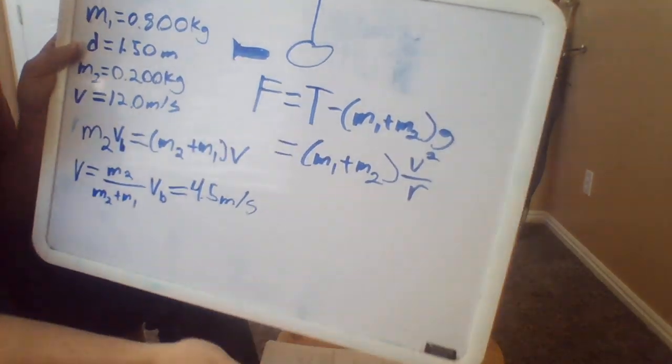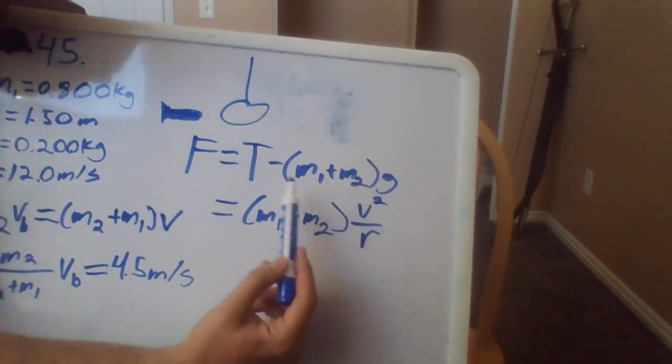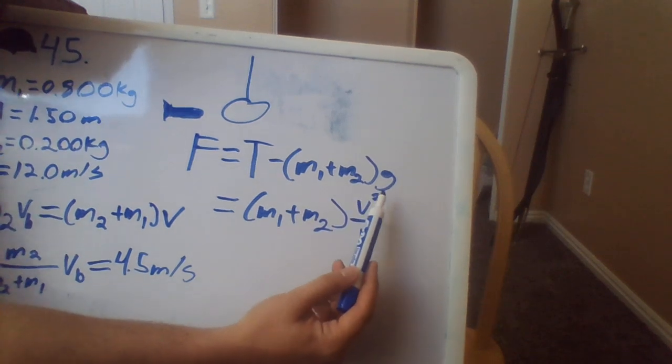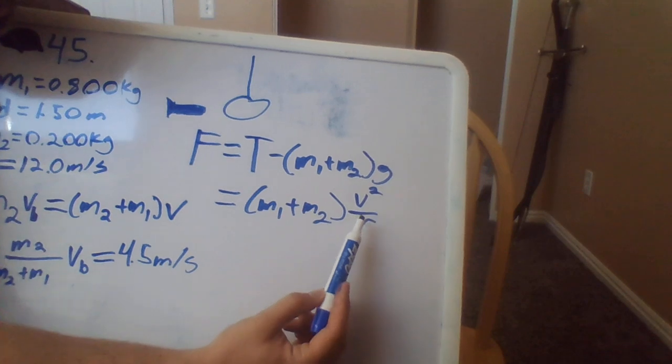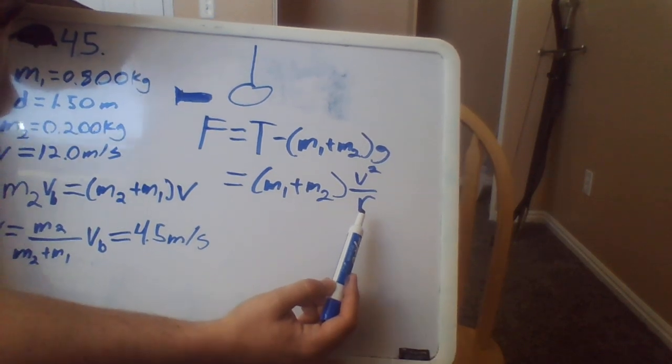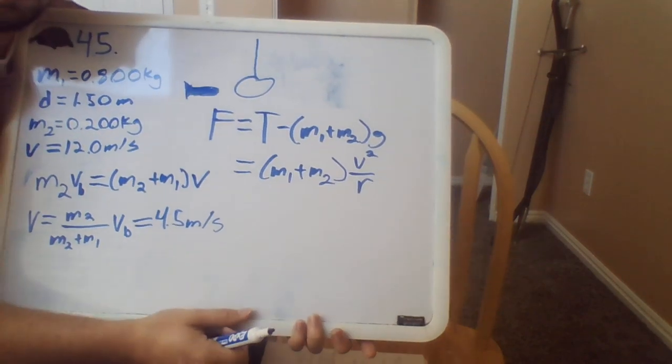Force is equal to tension minus both objects times gravity, and that's equal to both objects times velocity squared over r. Then we're going to solve for tension using these two middle sections.